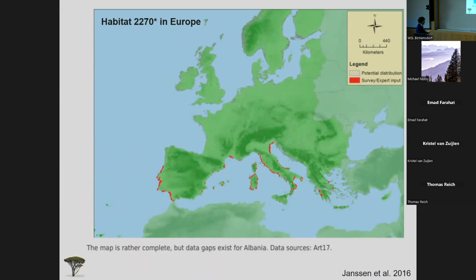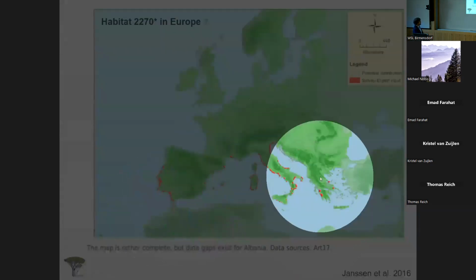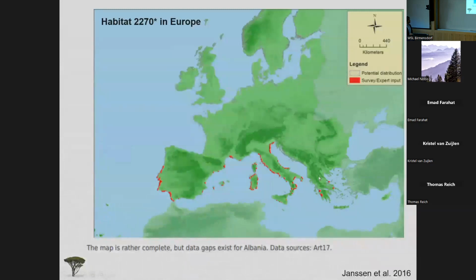So here we see the distribution of habitat 2270, which includes Mediterranean pine forest on sandy soils. And that's why they are distributed along most of the coasts of the basin.